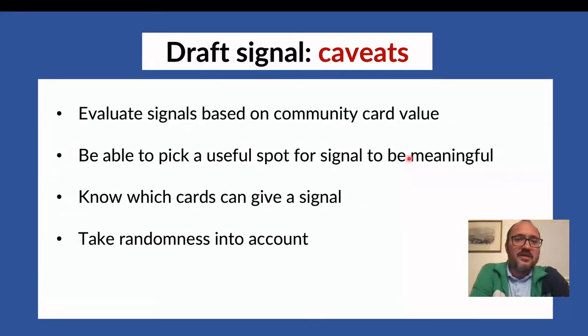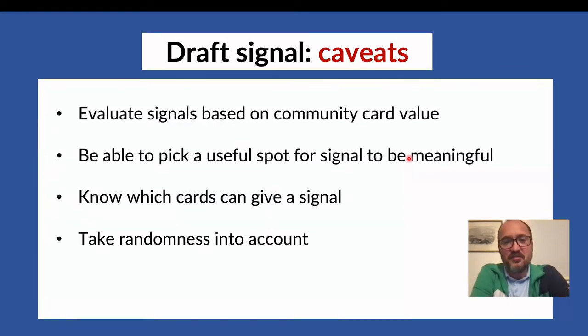And then the last one, and it goes without saying, is that randomness has to be taken into account at all times. So even if you see a late card and you think that you should not see it, think if you can imagine a pack where that would be quite a reasonable order when this card goes quite late. It especially goes for commons in Strixhaven, because you have 1 additional lesson slot and 1 additional Mystical Archive slot, so you can actually have 3 rares in a pack.